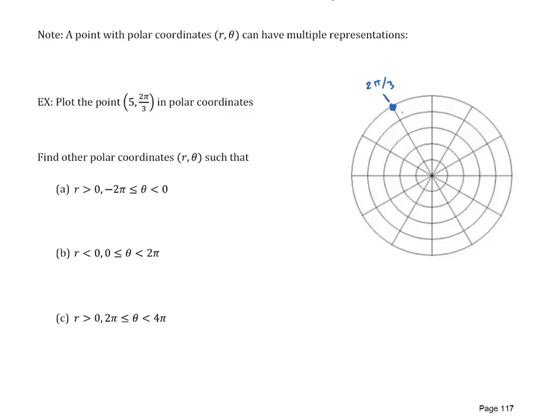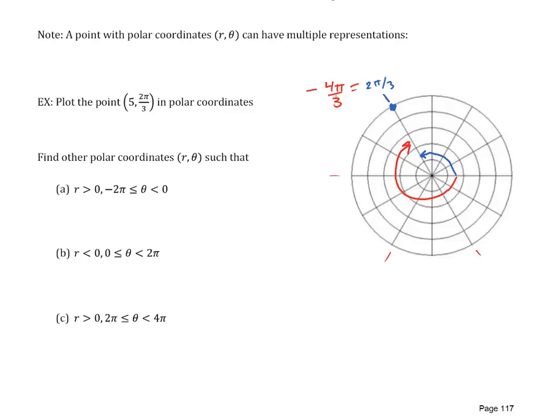Okay, now the reason why you can have multiple representations is we have one name or one measure for this angle, but alternatively we can get to that same angle by coming from this side all the way over to here, right? If I go backwards, that's negative pi over 3, 2 pi over 3, 3 pi over 3. This is the same thing as negative 4 pi over 3.